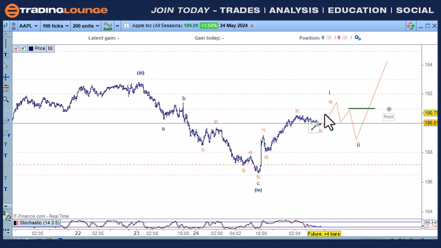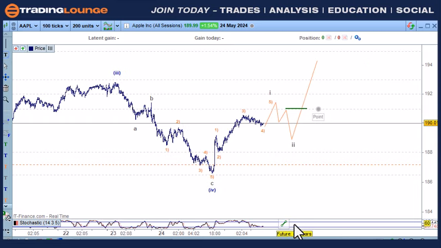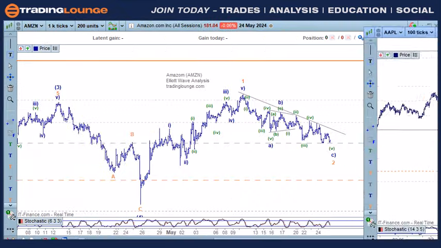Just getting that extra top here will give this 1, 2, 3, 4, 5. So that's one way to validate that we will be going higher when you come back from holidays. Obviously you'll see the market go up as well, but it's nice to be able to say for sure what's what, and that's how we can identify it with Apple.